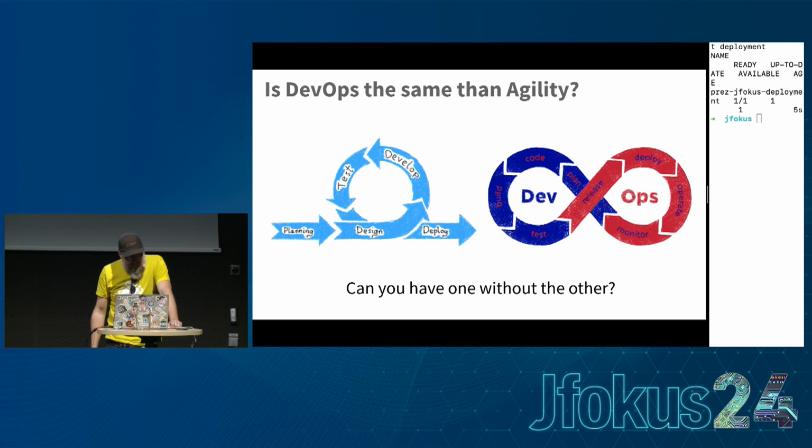All of this to say that we talk about agility, and a few years later, we started to talk about DevOps, bringing developers and operations together, working together, yay. And it's a bit the same as agility, okay? Agility is planning, design, develop, test, deploy, whereas DevOps is also this: I code, I build, I test, I release, I deploy.